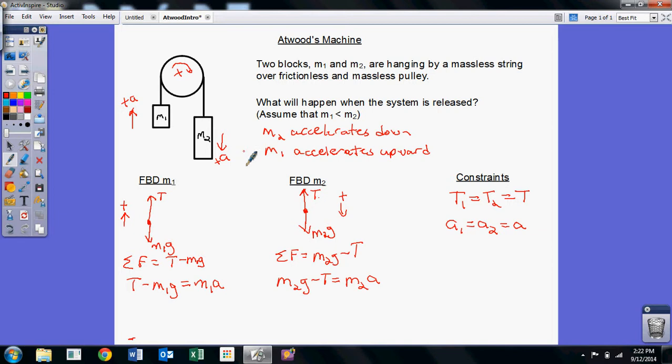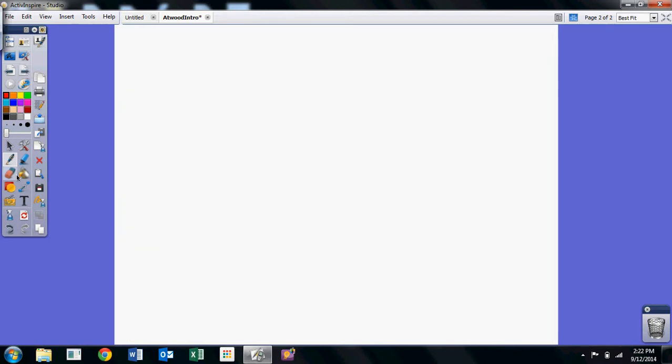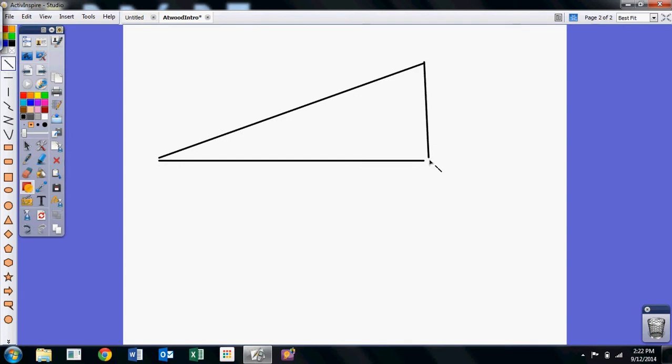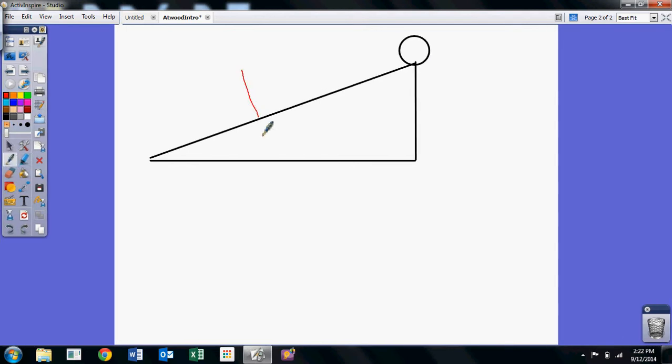You're also going to run into some problems in your book and other places where you end up with a pulley and an inclined plane. If you have something like this, an inclined plane with a pulley on the end, some sort of block here, a string going around, and some sort of block over here, then one of these things is going to be in motion.